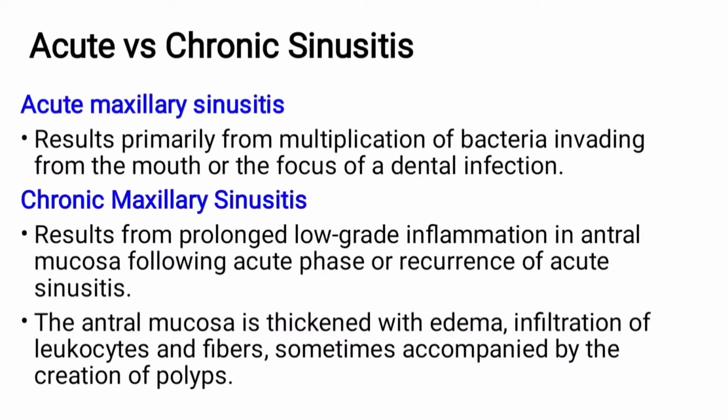It means that we have low virulence of bacteria or a low number of bacteria, but a prolonged duration, spreading to the maxillary antrum floor, and following an acute phase or a treated acute condition that has recurred and turned into chronic, in which the mucosal lining of the sinus undergoes thickening with edema, with or without formation of sinus polyps.